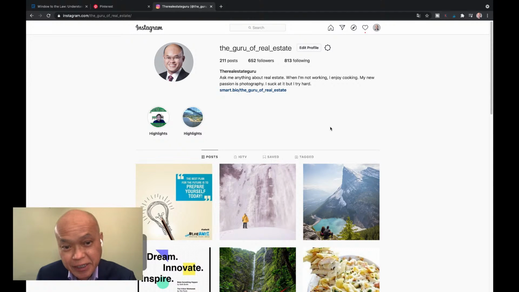It's not exactly an SEO strategy yet because until recently, I didn't even know Instagram has its own SEO functionalities. I never thought of Instagram as a place where you can actually do search and find the thing that you wanted to find.